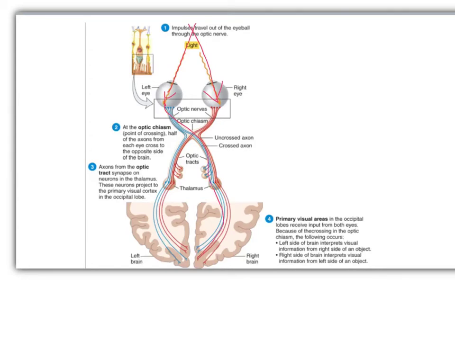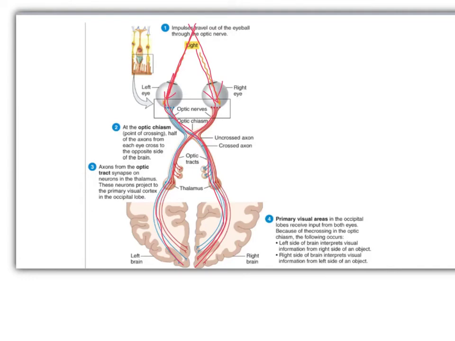So if you're getting visual information from the left eyeball, it's going to be processed, or it's going to be imaged on the right side of your brain. And then again, the right eyeball is going to have its image displayed on the left side of the brain, which is kind of weird, right?